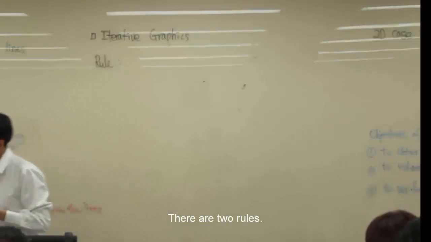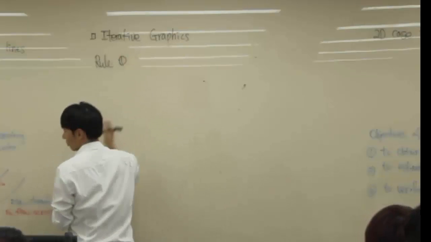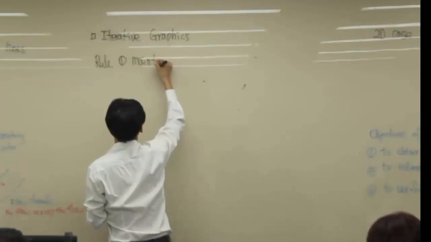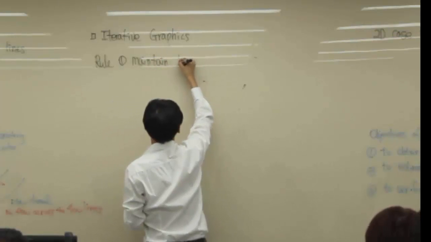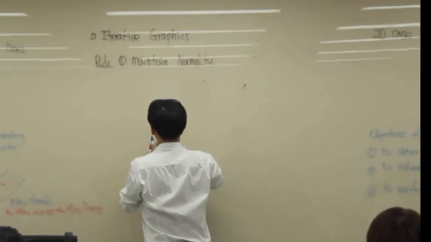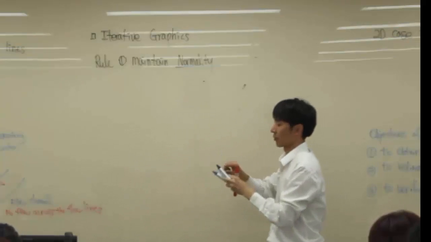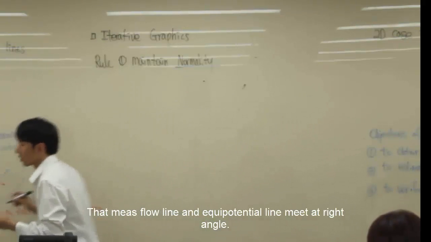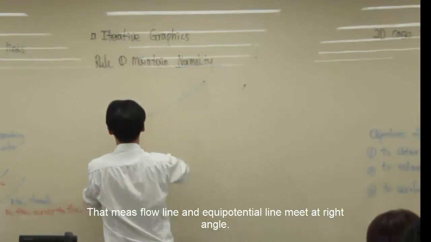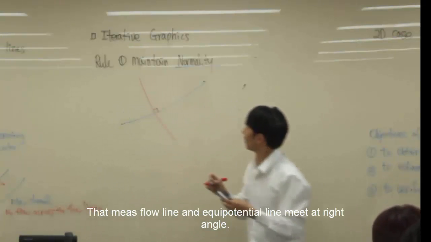So there are two rules. Rule number one is to maintain the normality. That means the flow line meets the equipotential line at a right angle.